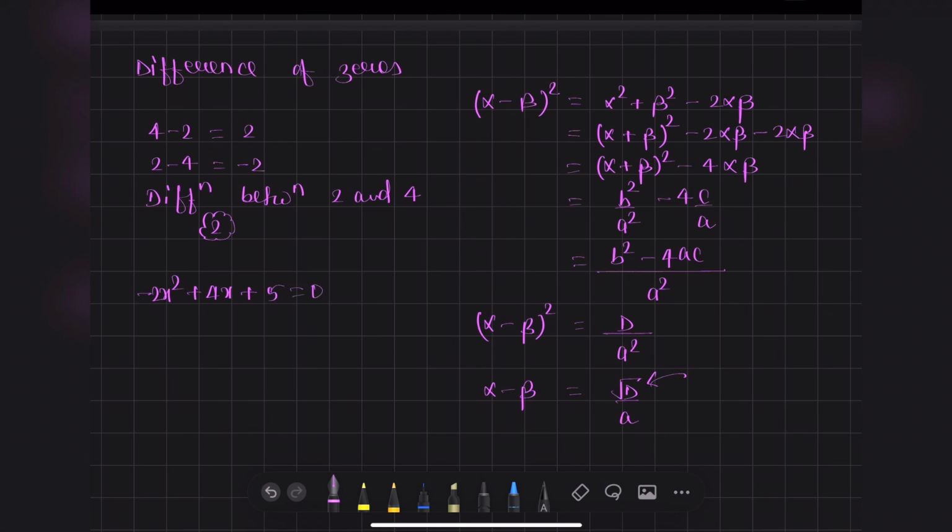Okay, so in this situation you will end up taking a as minus 2, but you cannot do that. So to remove this problem we will fix a to be in mod. Okay, so what we have studied: sum of zeros is minus b by a, product of zeros is c by a, and difference of zeros is root D by mod a.